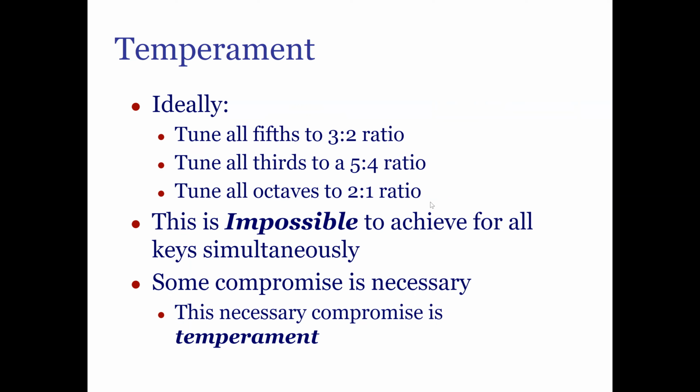No matter which tuning system we're talking about, our octaves should always be 2-to-1. So even if we want every octave to be the way it should be, and all fifths to be a 3-to-2 ratio, what we'll see on the next slide is that even that's impossible, let alone being able to tune every octave true and every fifth true.